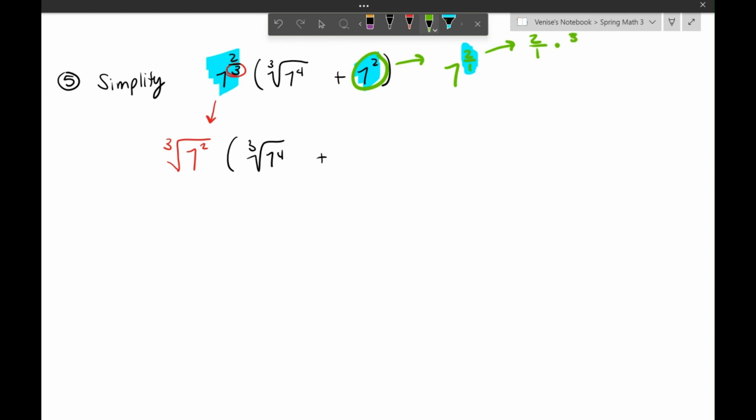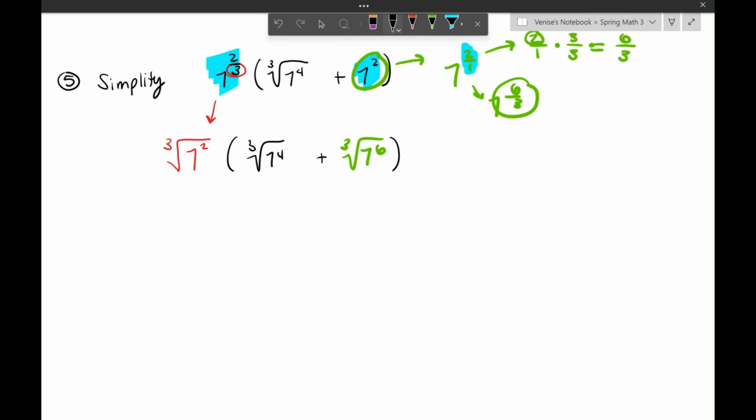I would multiply by 3 over 3, which is equal to 6 over 3. It's valid, right? 6 divided by 3 is indeed 2. So 2 over 1 becomes 6 over 3, and this is 7 to the 6 over 3. So I'm going to rewrite this as the cube root of 7 to the 6th power.